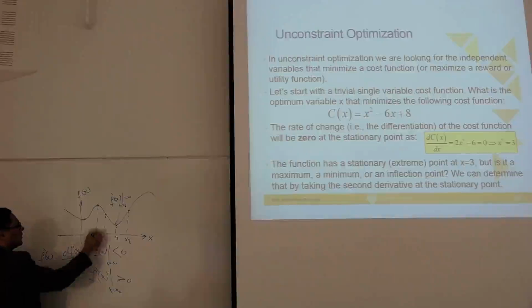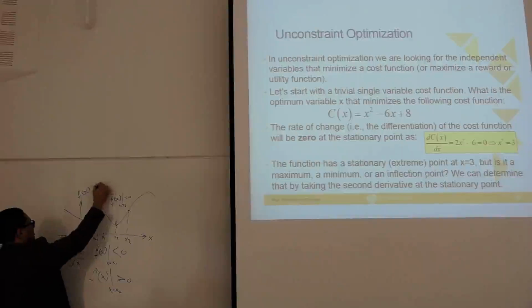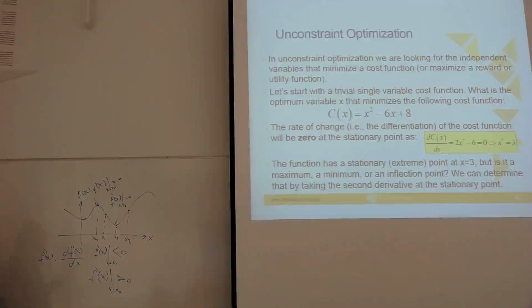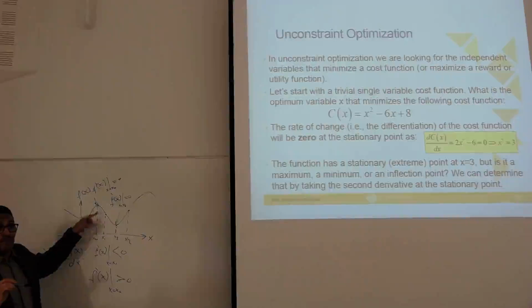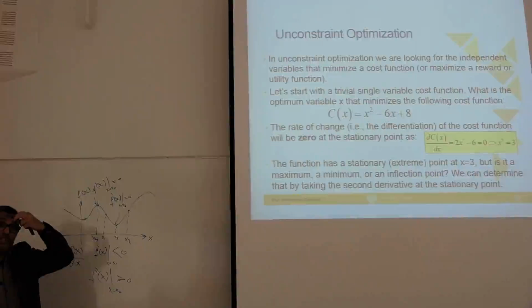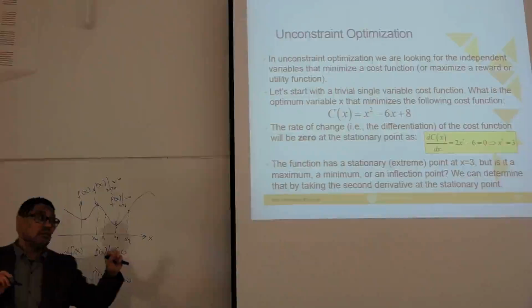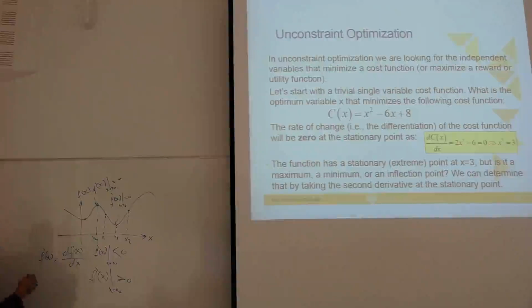If it is x4, then f dash of x at x equal to x4 is also equal to 0. So at every stationary point, the differentiation is equal to 0. Then the condition, if we like to find an extreme point in our function, is that we need to find the point where f dash of x equals 0. This gives us the stationary point.